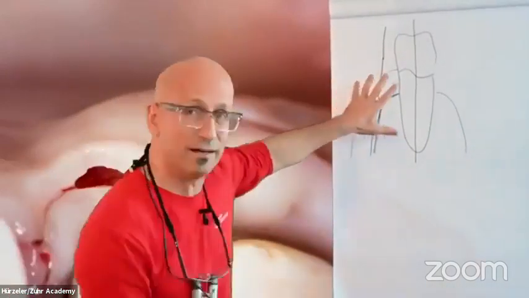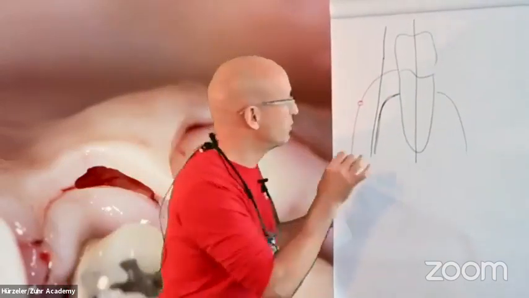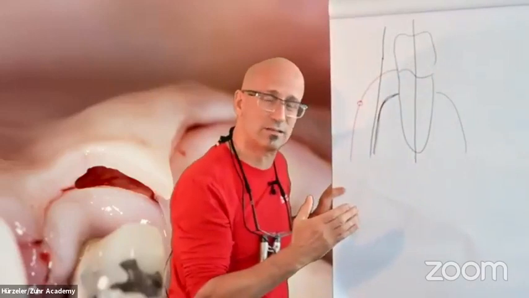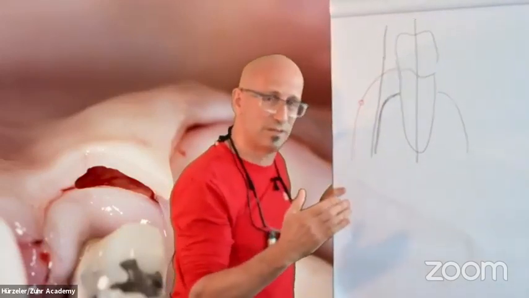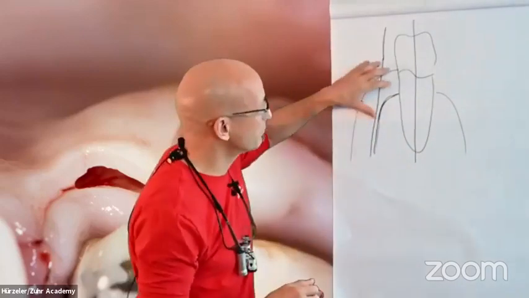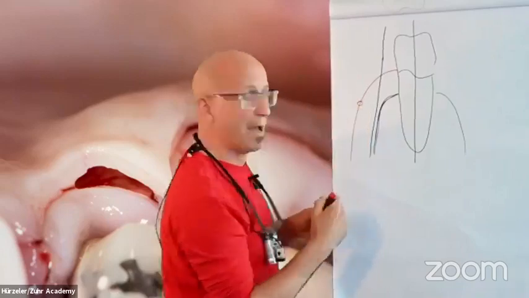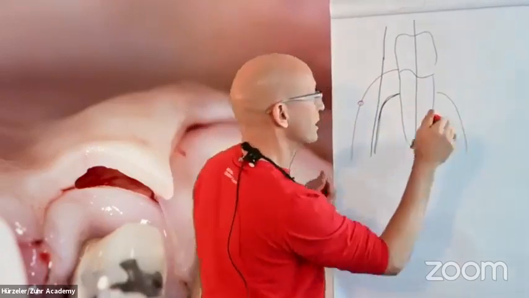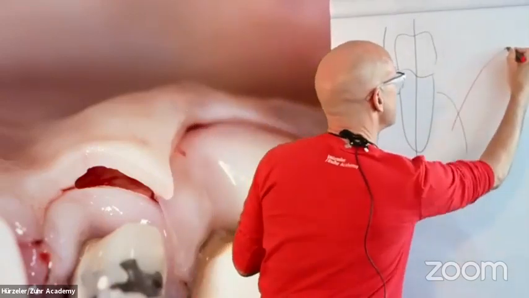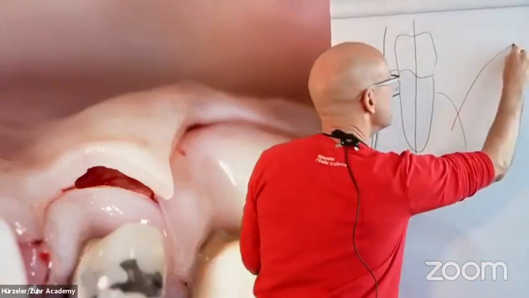Let's have a look together at this drawing. When you exactly follow these guidelines, which are described in many perio books, your flap design, when we look at the flap you have created, and let me draw this flap here in a very high magnification. This flap afterwards looks like this.